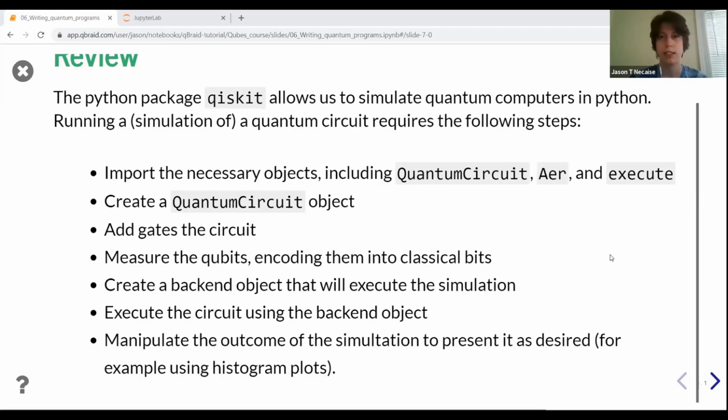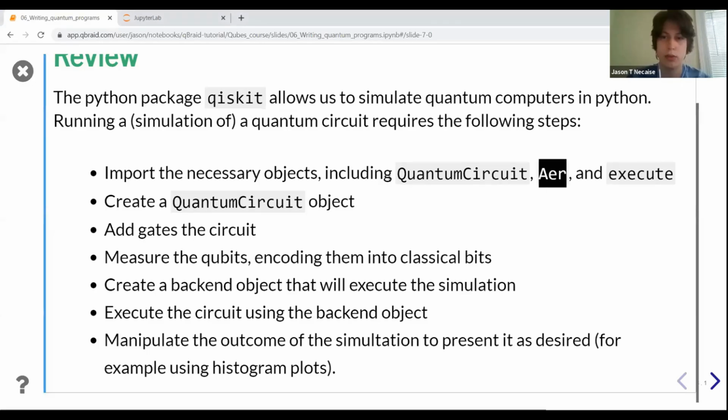You would just have to tell it, instead of saying use the backend simulator, to use the label of a particular quantum computer offered by IBM. What is the object Aer and what is the backend? Aer is a subcomponent of Qiskit, which hosts these simulators, right? The backend object is what you are going to use to execute your circuit.